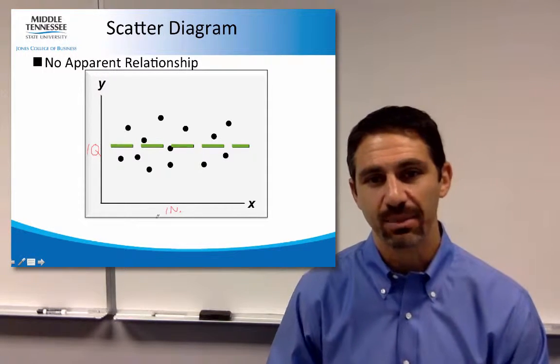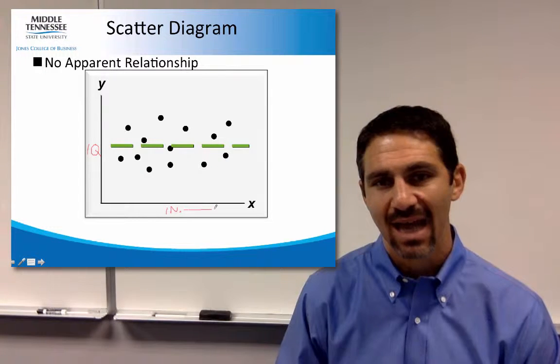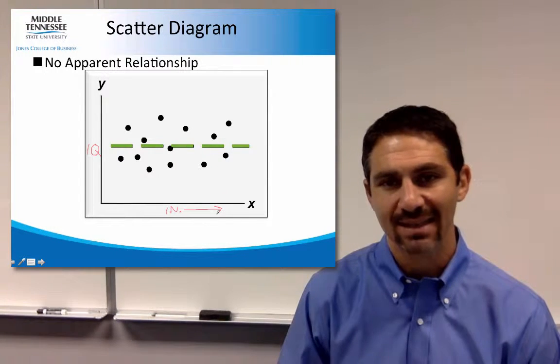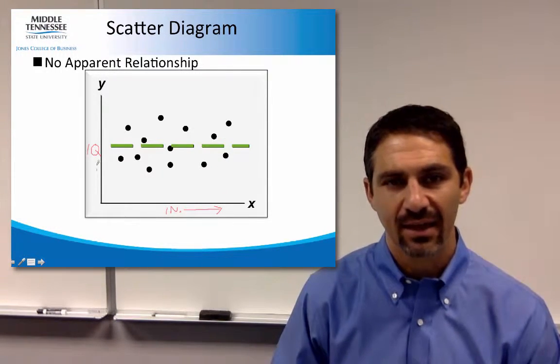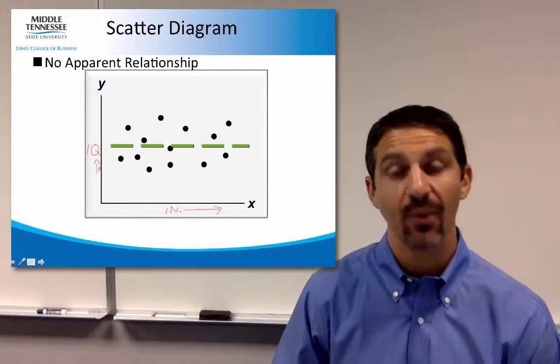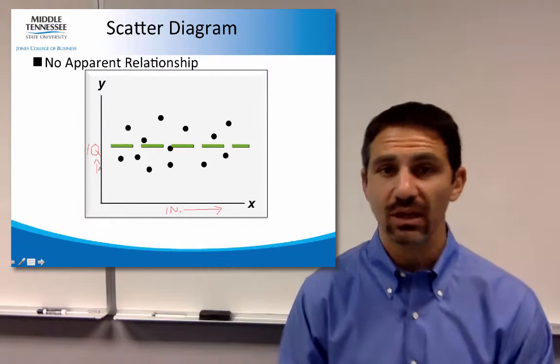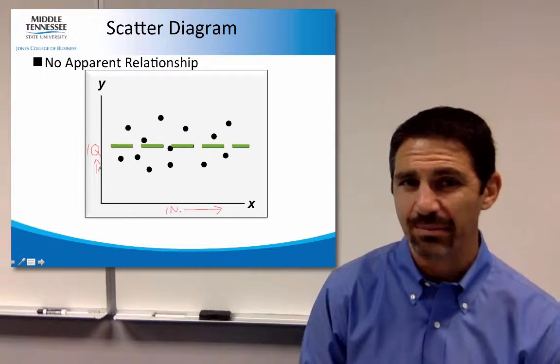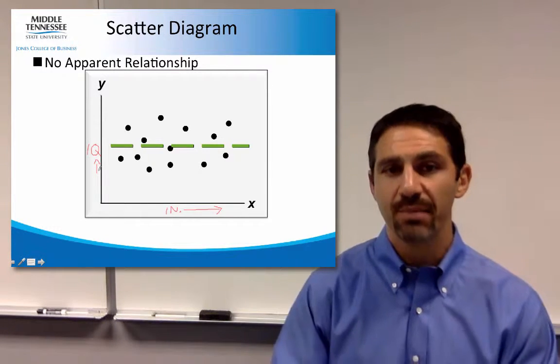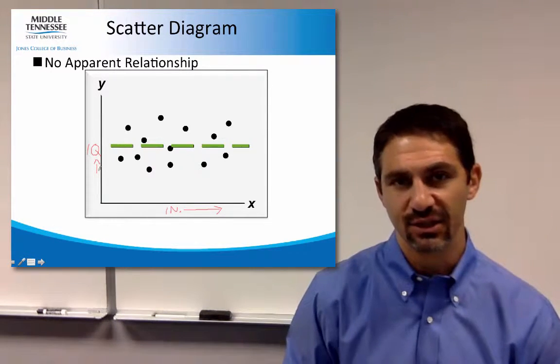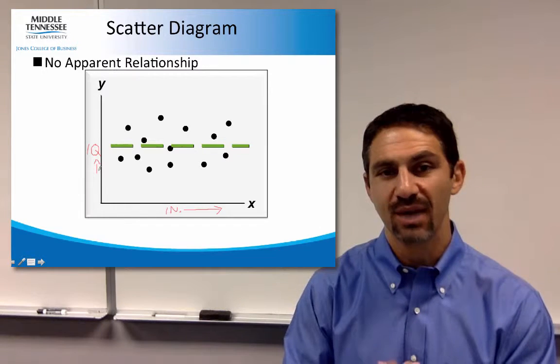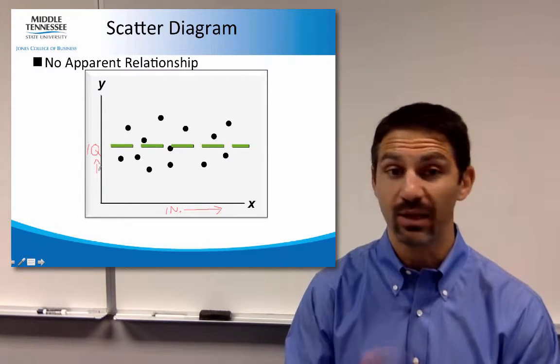And so if we were to plot people's height on the x-axis and their IQ on the y, if this is what it looked like, you can see that there does not appear to be a relationship between IQ and inches. And so that becomes some type of data that we could use.